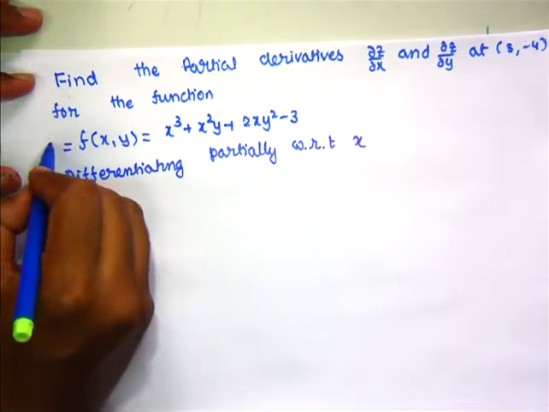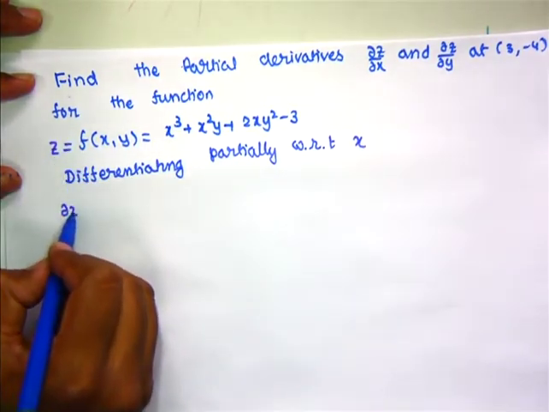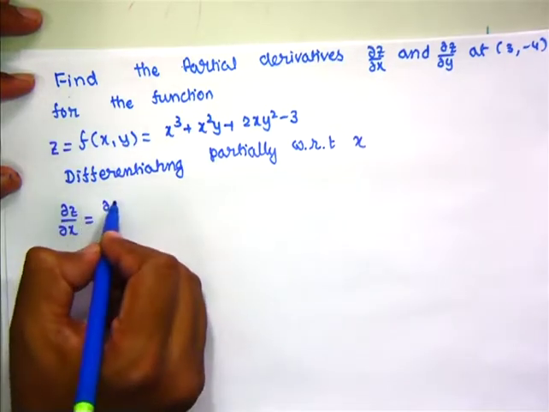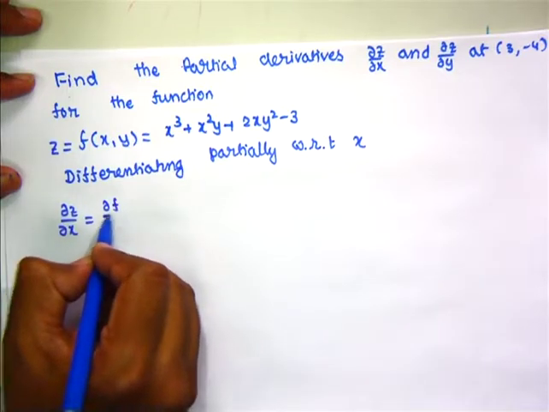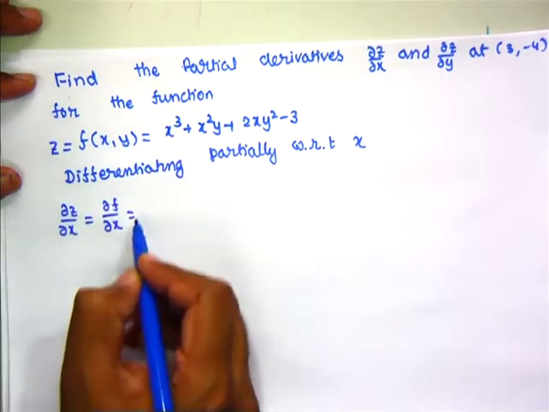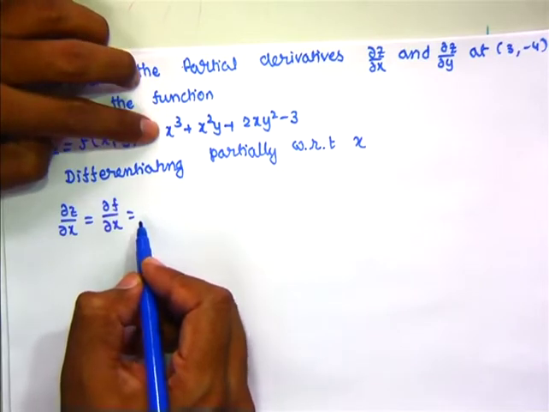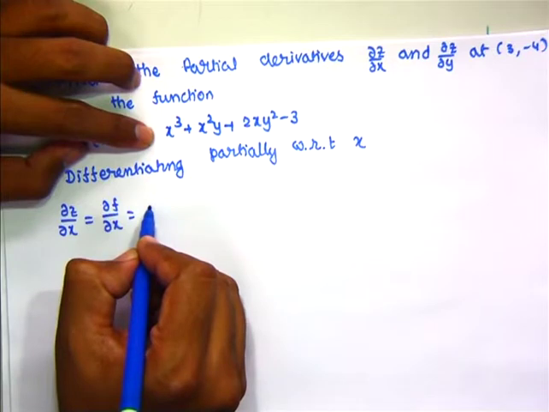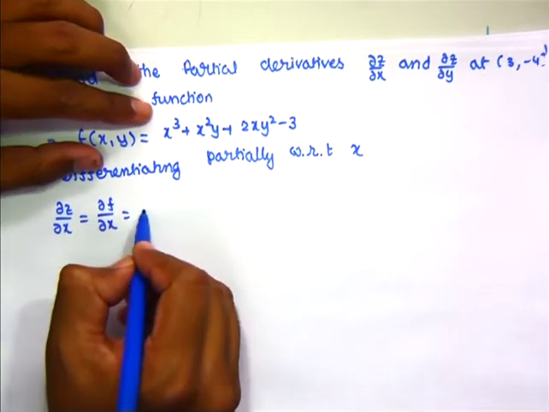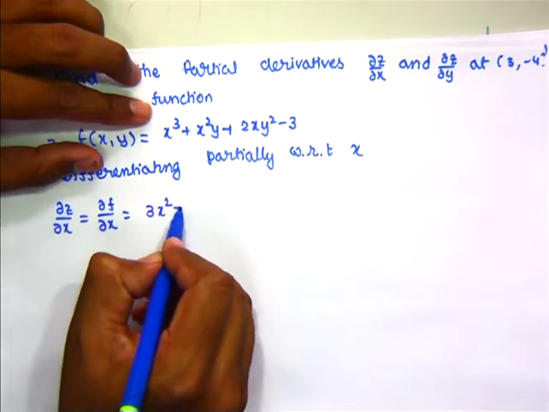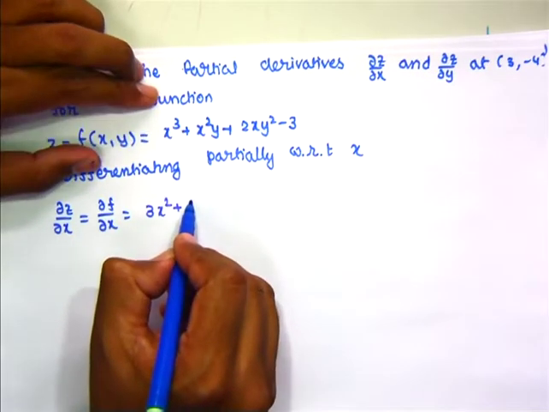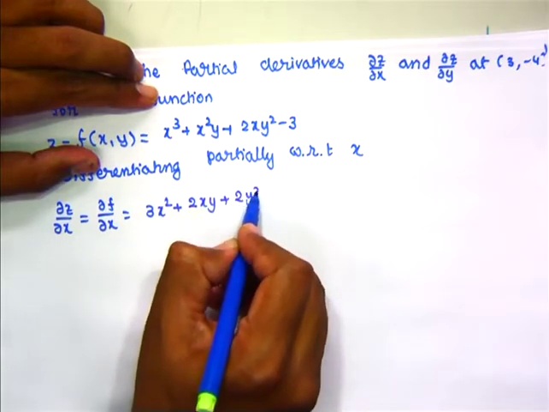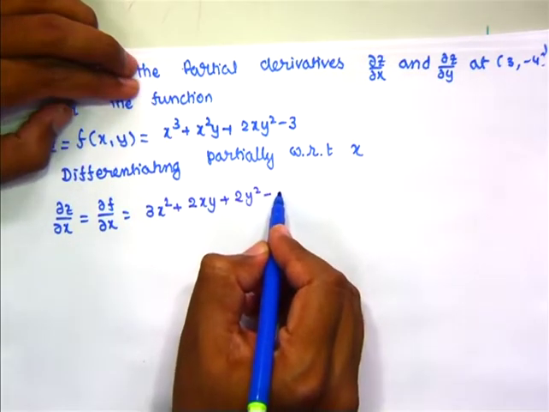So we can say that del z by del x or del f by del x, the derivative of x cube with respect to x is 3x square, plus 2xy plus 2y square, and derivative of 3 is 0.